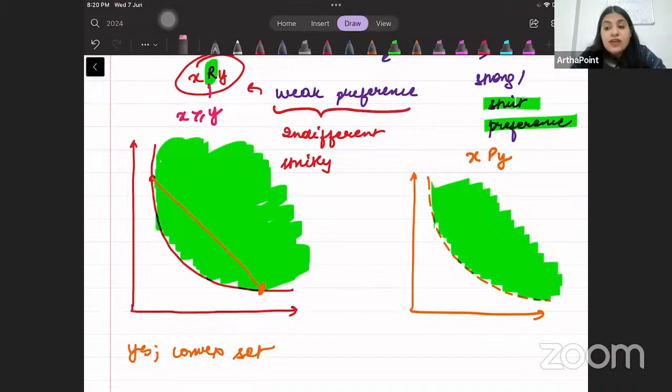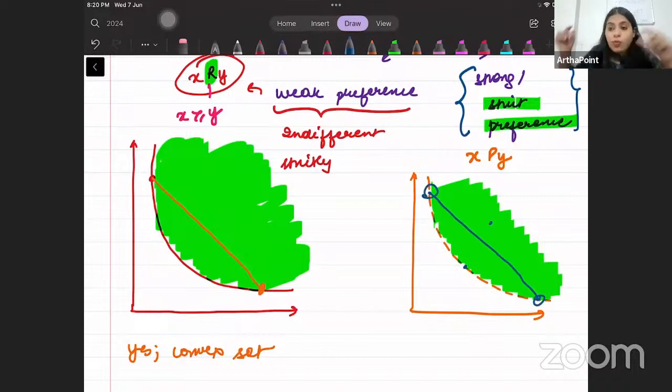Now, although the IC is not included, right? If I were to compare any one point, I have to compare a point here with a point on the IC, right? Only then it is preferred to some point. So whenever we talk about strict preferences, even though this point is not included in the set, if you were to join 2 points through a line segment, you will see this is not a part of the set.